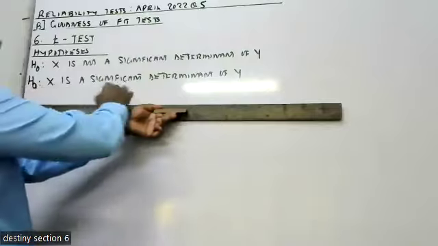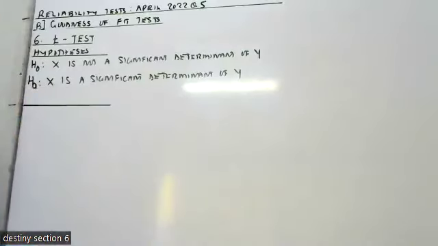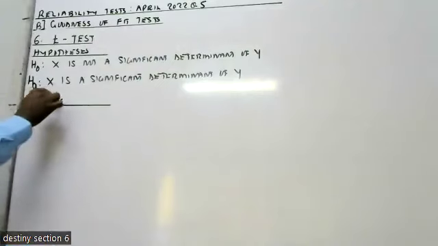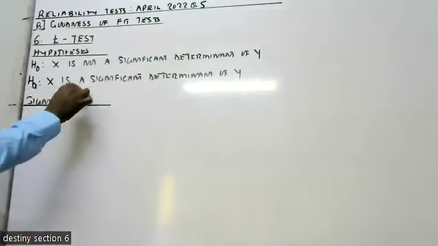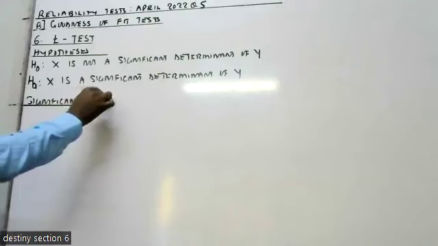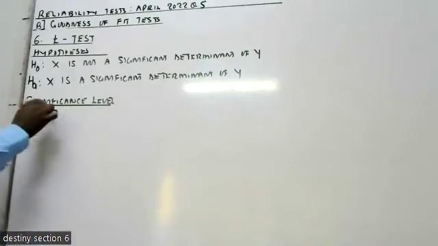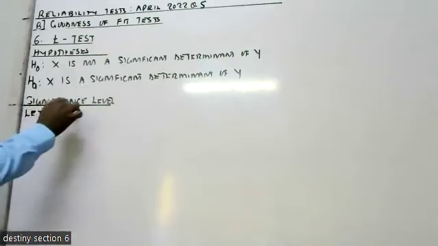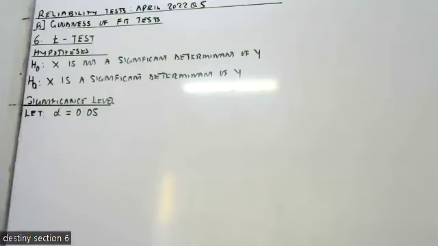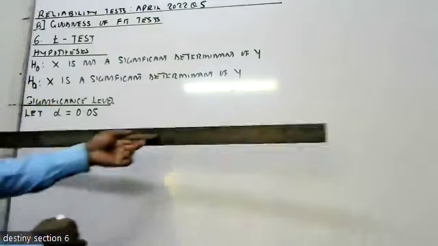That being true, we go to the next step, which is called significance level. Because the question has not provided one, we assume alpha to be 0.05.